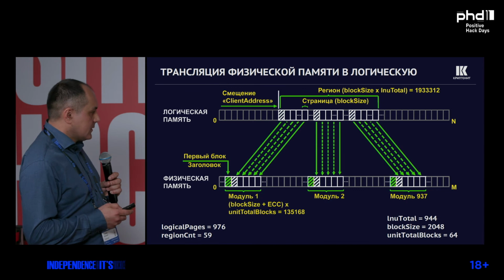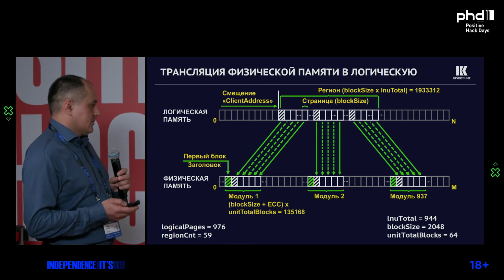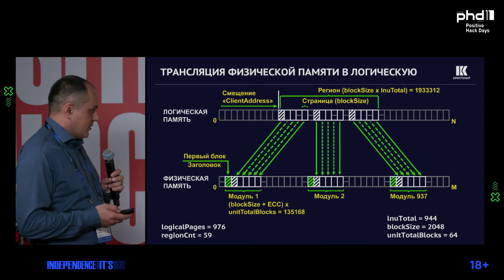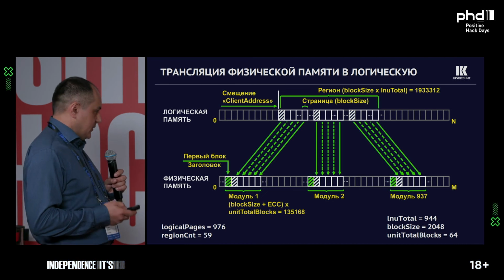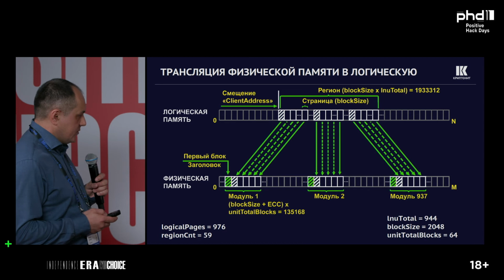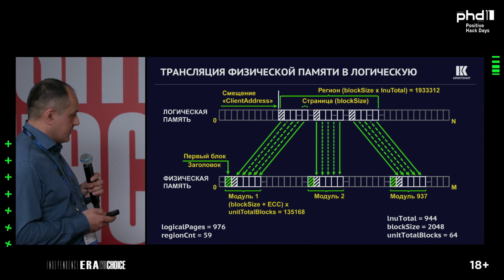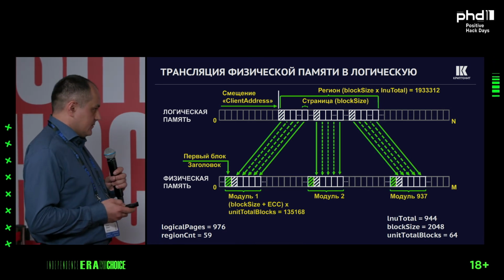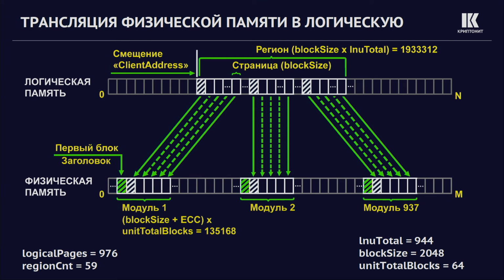You then need to project from physical memory into logical memory. You take 64 pages of memory, call it a unit, add a header with all the params for the logical page and the structure of the file system.